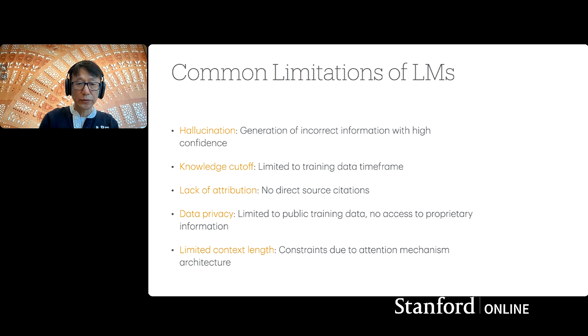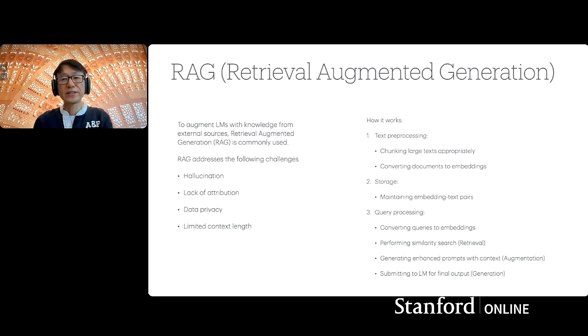So in order to address these common limitations, retrieval augmented generation is one way to handle this, such that it could reduce hallucination by using the actual relevant reference. It also addresses citation, because it knows where the reference is coming from.